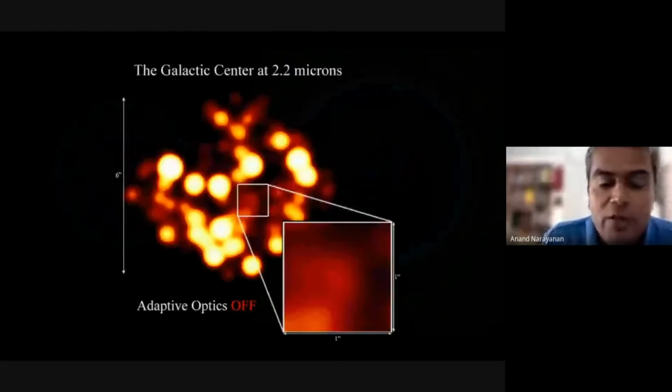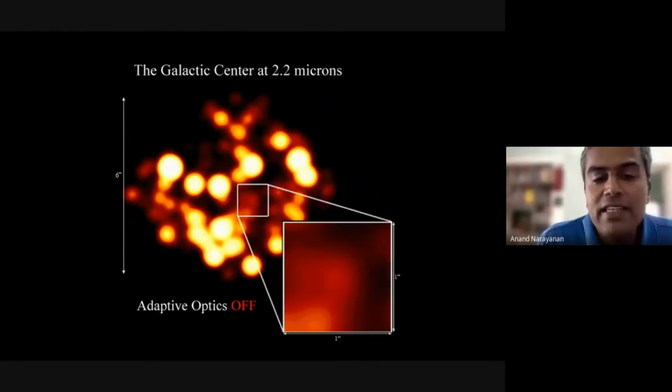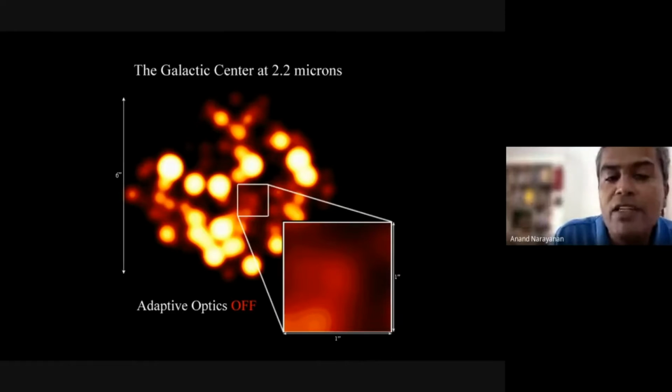Okay. And so here is the center of our galaxy. Every object that you are seeing, like a patch of light, these are all stars. They should be point sources, but because of Earth's atmosphere's turbulence, they look like smeared objects. The light is blurred. Okay, but this is what happens when the adaptive optics is switched off.